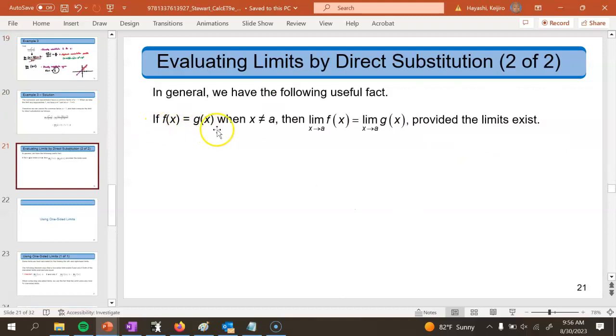This mathematical statement is just sort of saying if two functions are equivalent except at the target value, then you can use one to find the limit of the other.